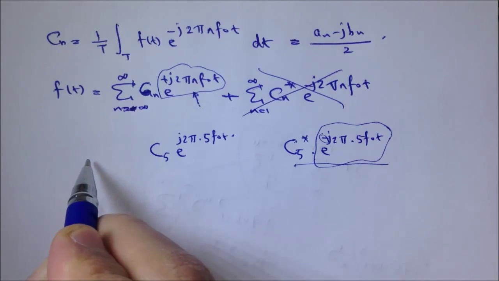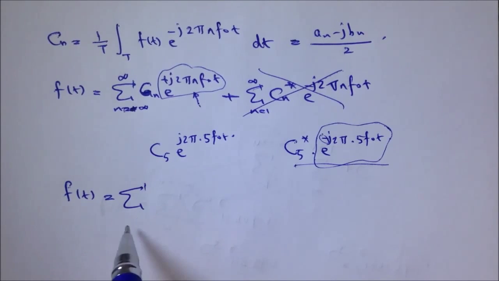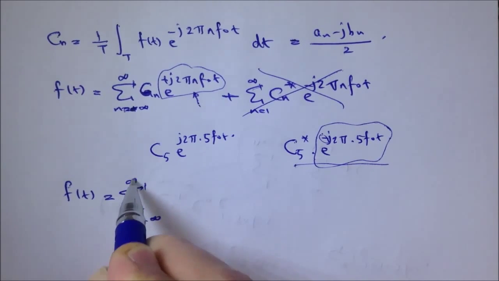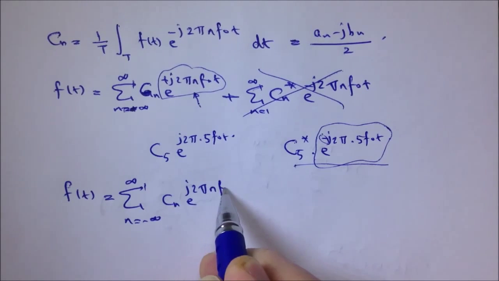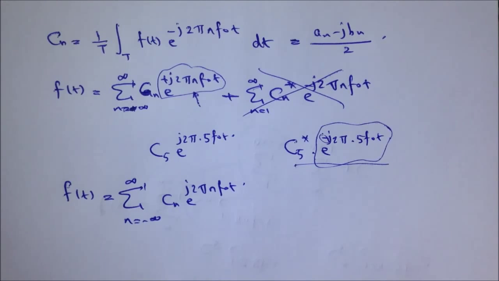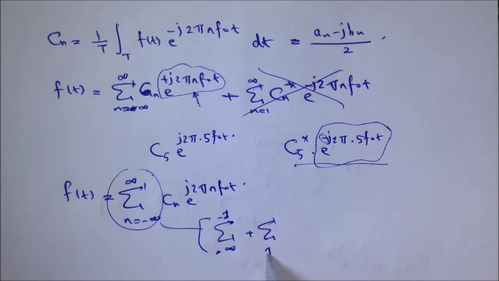So we can say that f of t equals summation from n equals minus infinity to plus infinity c sub n e to the j 2 pi n f naught t. Now the summation can be extended to 3 summations actually. One from minus infinity to minus 1, and one from 1 to infinity, plus c naught.